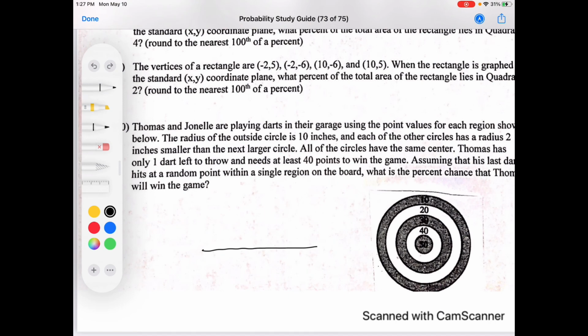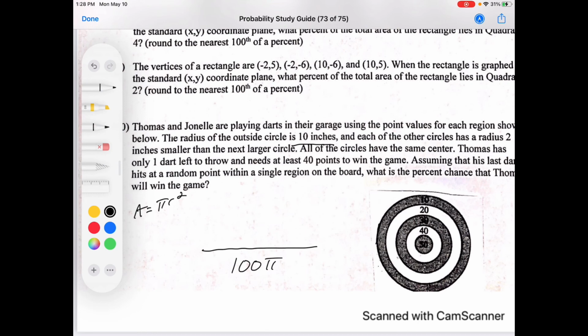And so what we got to do is find the area of the whole circle, of the big circle. And it tells us the radius of the outside circle is 10 inches. So area is pi r squared of a circle. And so we could say the area of the big circle, if we square 10, we get 100. So the whole area is 100 pi.